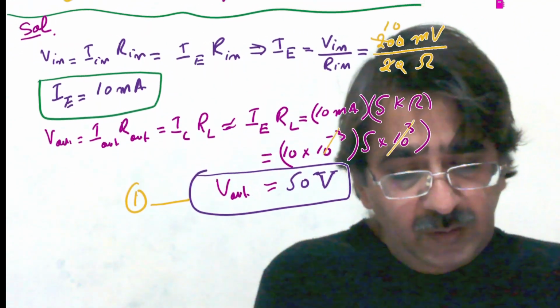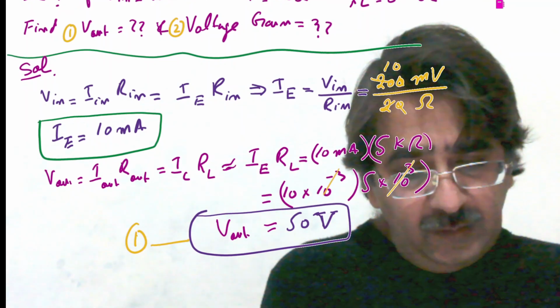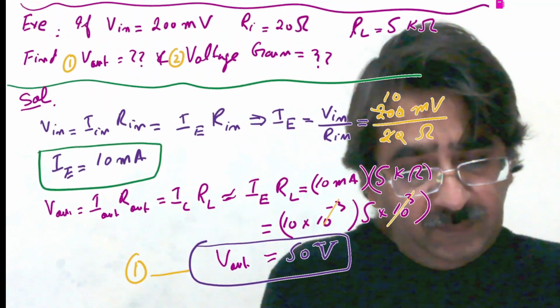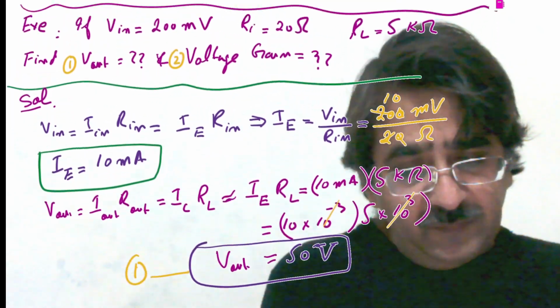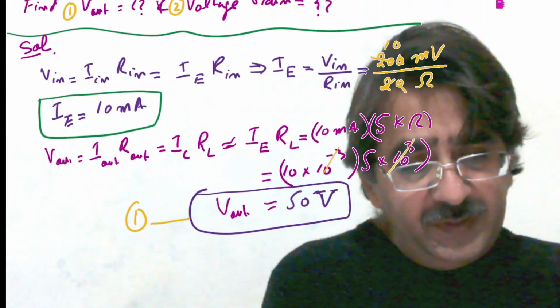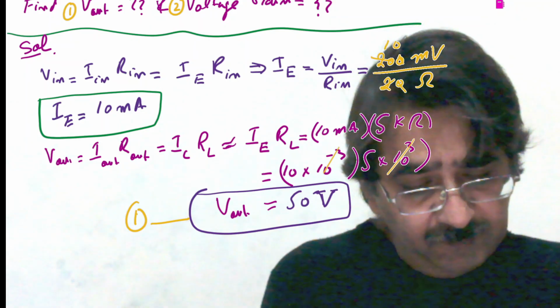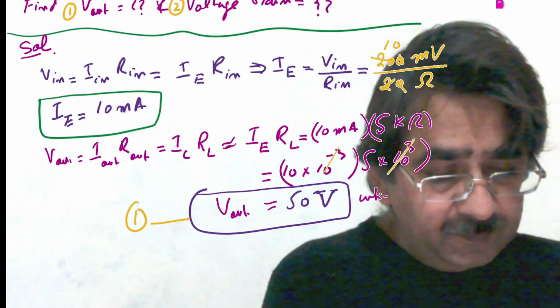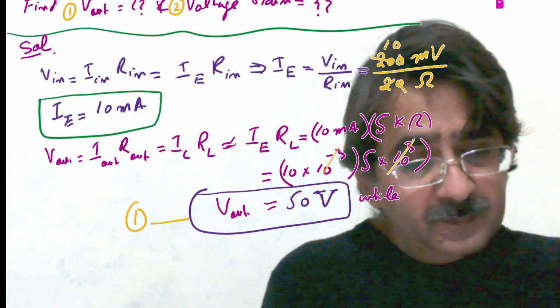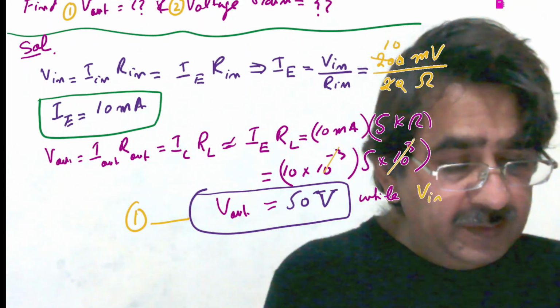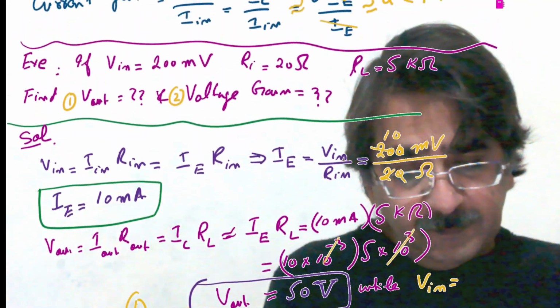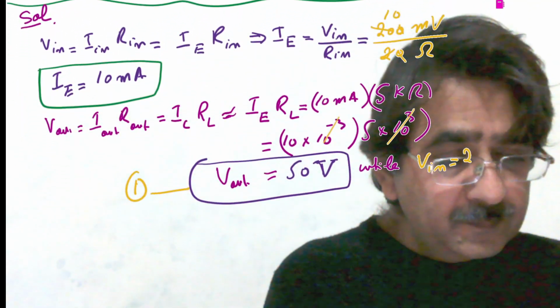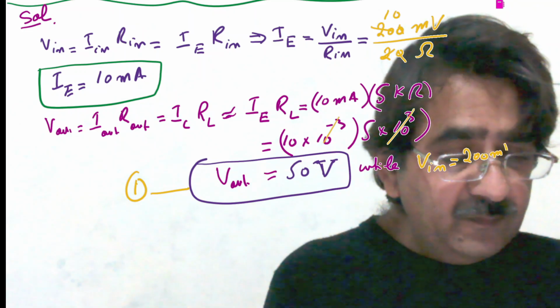Now V out is given as 50 and V in is 200 millivolt.